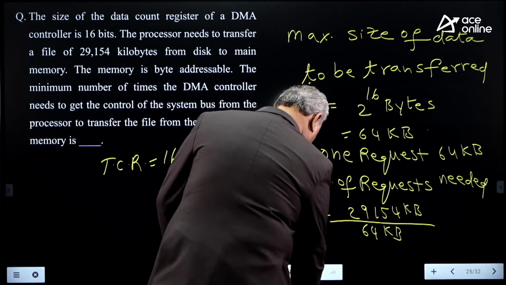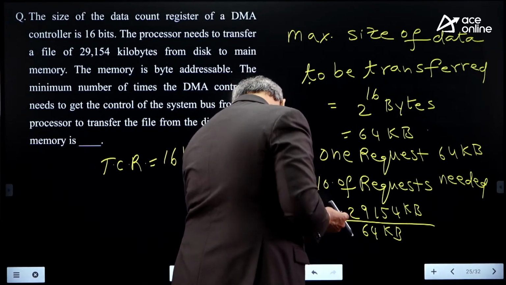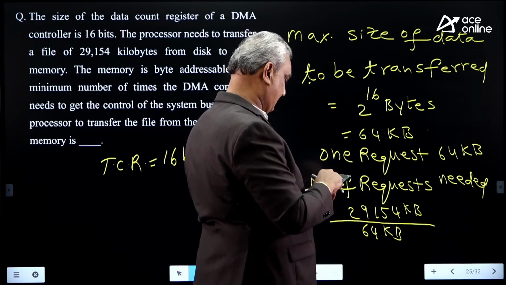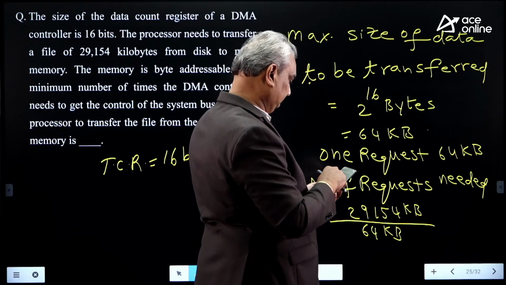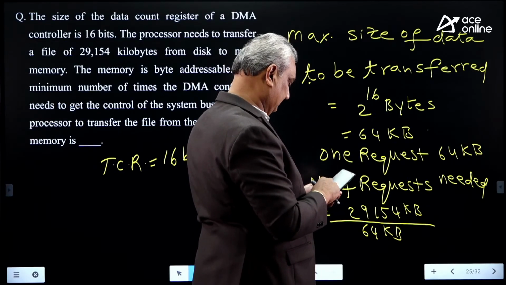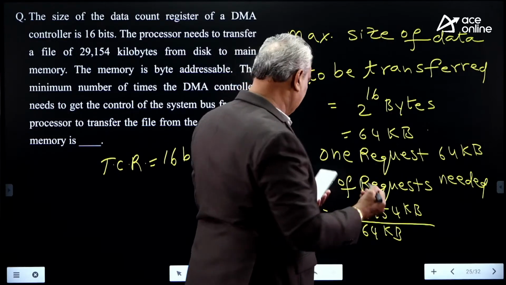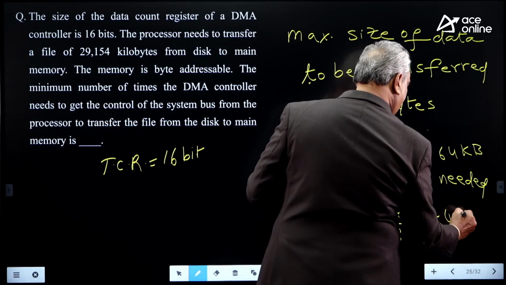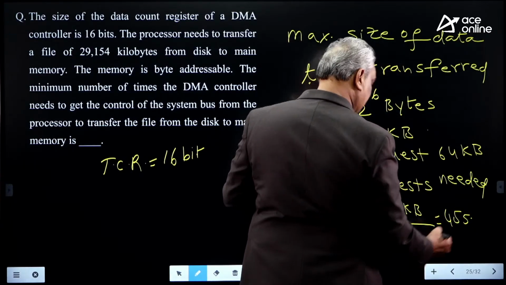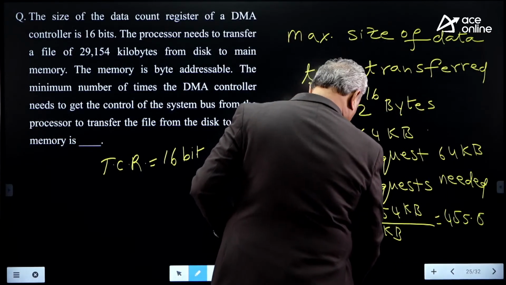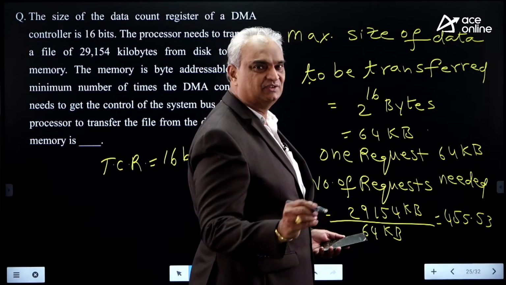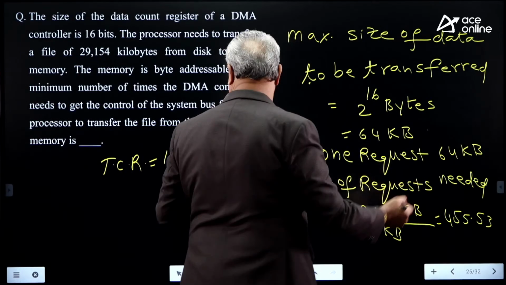To get this, use a calculator. 29,154 divided by 64, we got 455.53 something, means number of requests required should be an integer only, nothing but 456.